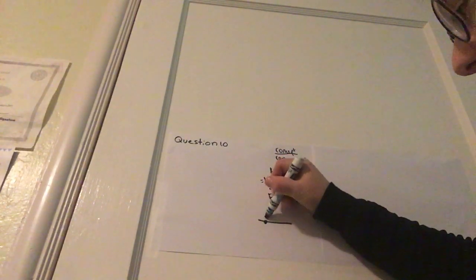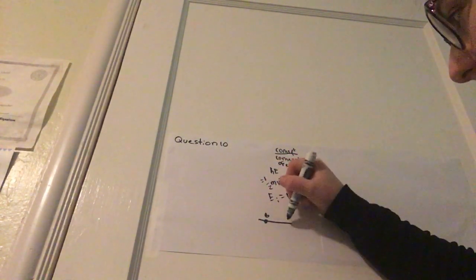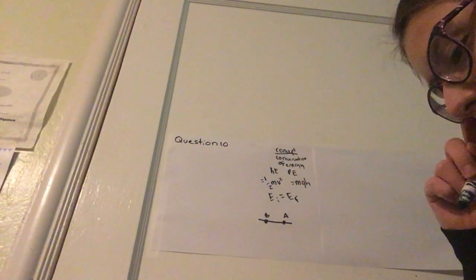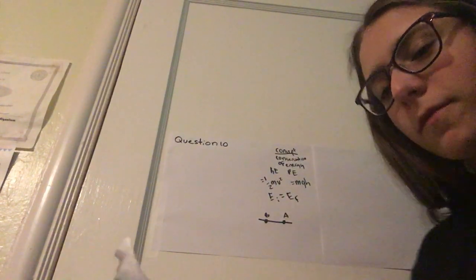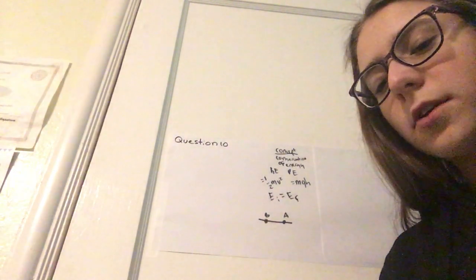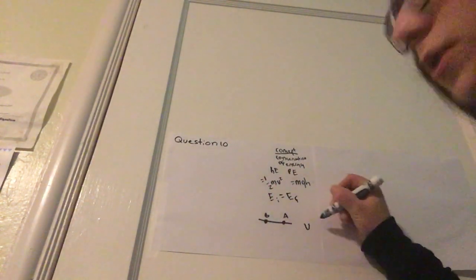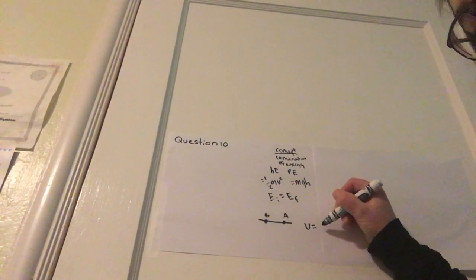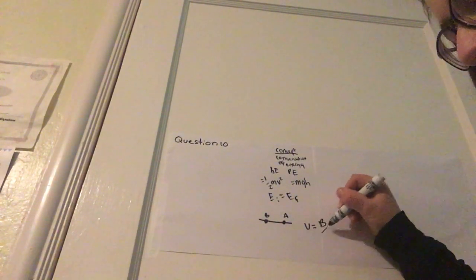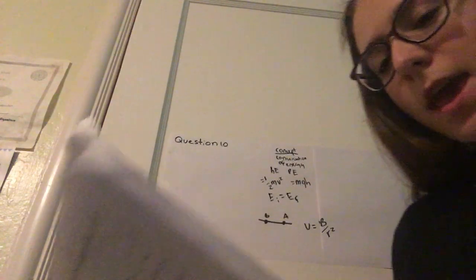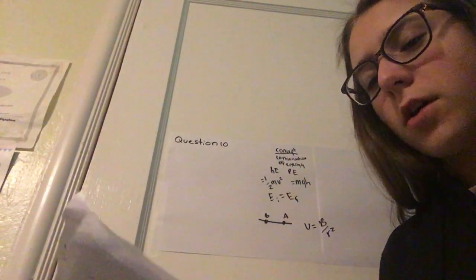This is particle B, and this is particle A. The potential energy of the system of two particles associated with the force is given by the equation U, which is potential energy, equal to beta over r squared, where r is the distance between the two particles, and beta is a positive constant.